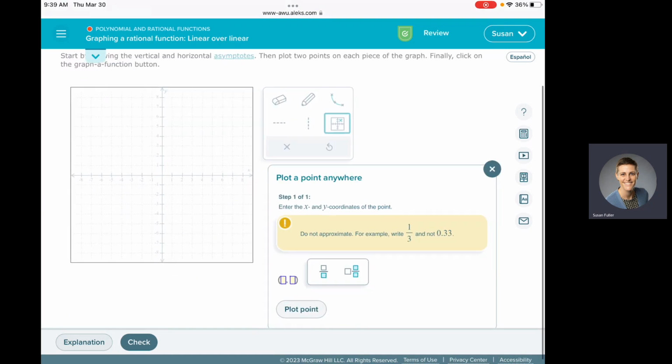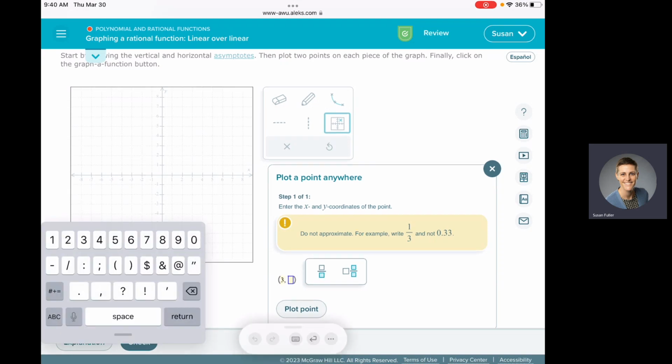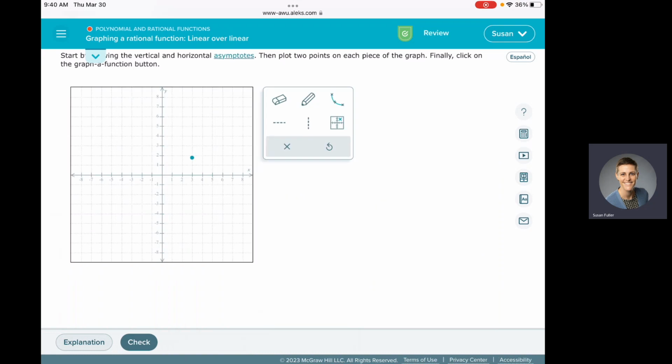I mentioned this in class: if you have an ordered pair that's not super pretty, like one that's at 3 and then 7/4, 7/4 isn't a nice even number. It's hard to put that on a graph. You can type in your 3 and then 7/4 in here. So if I plot 3 and then let's say my y was 7/4, if I hit plot point, notice it just put that point on my graph for me at (3, 7/4).